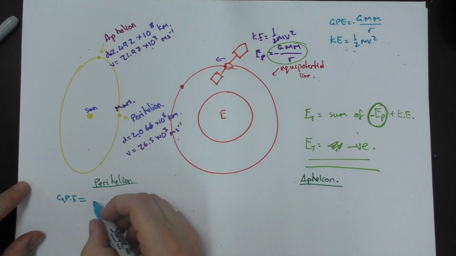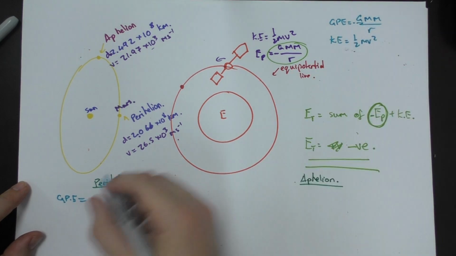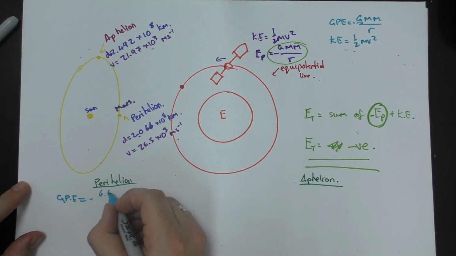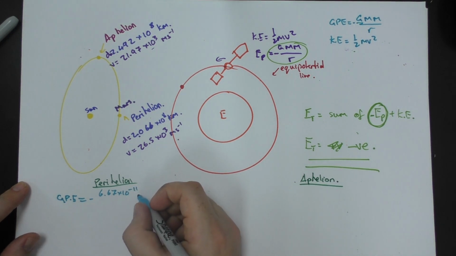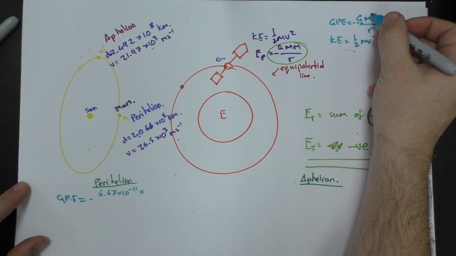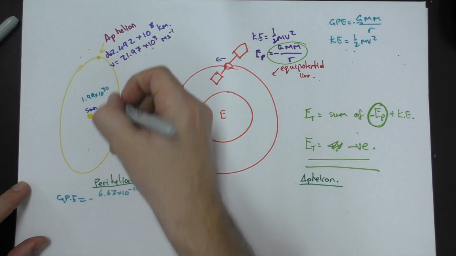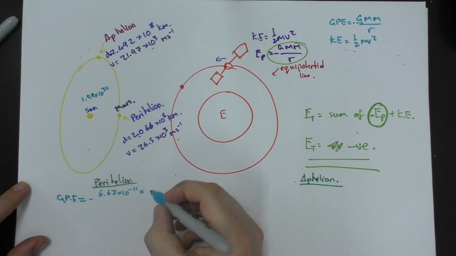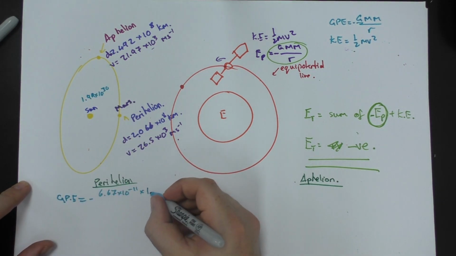Right, so GPE is GMm over r. So G, capital G, is 6.67 times 10 to the minus 11. And we've got the mass of the sun. So the mass of the sun is 1.99 times 10 to the 30, in case you didn't know. Sometimes that's a constant given in some data sheets.